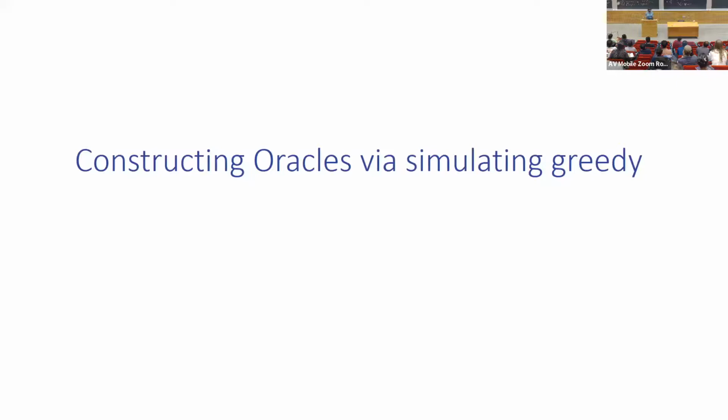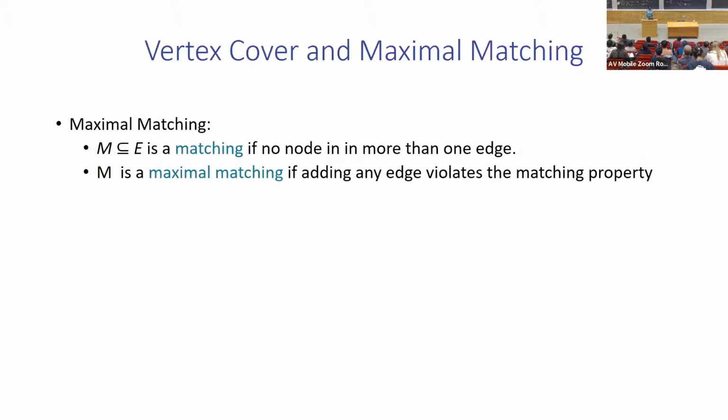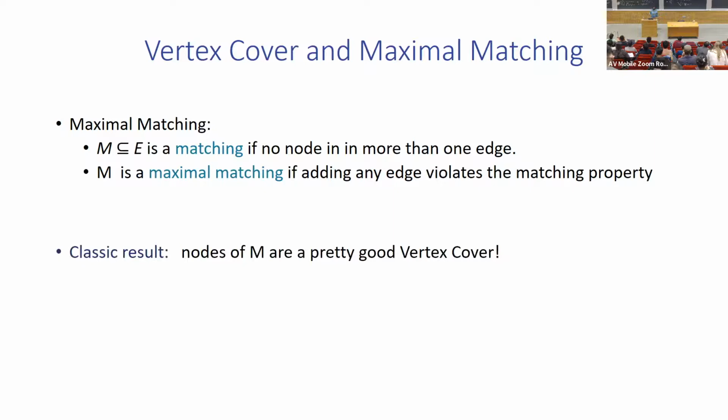Method number 2 is to construct oracles by simulating the greedy algorithm. Okay, so now I want to talk about how you can approximate vertex cover via maximal matching. So this is kind of known, that the nodes of a matching, any maximal matching, gives you a pretty good vertex cover.